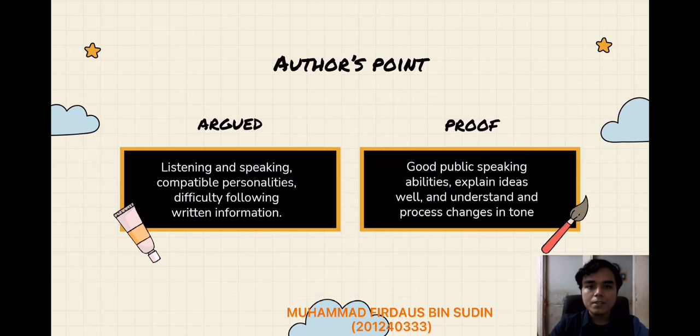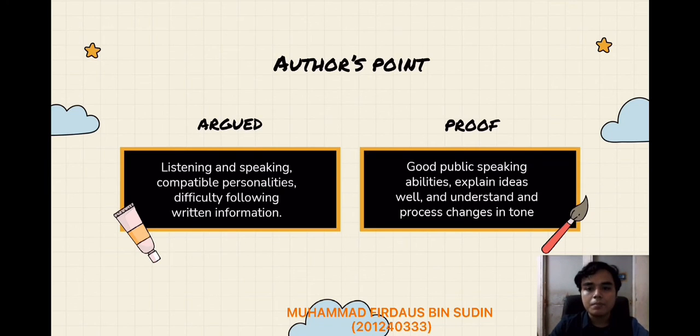From a famous author's point of view, he argued that auditory learners like listening and speaking, have compatible personalities, and also have difficulty following written information. It can be proven from the characteristics of auditory learners.